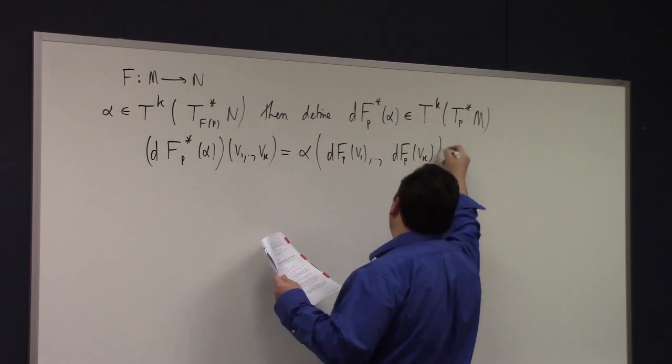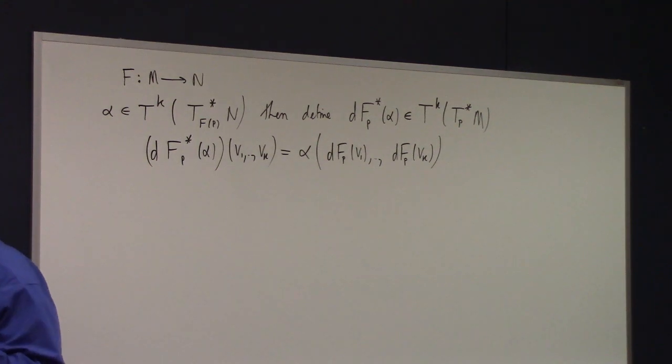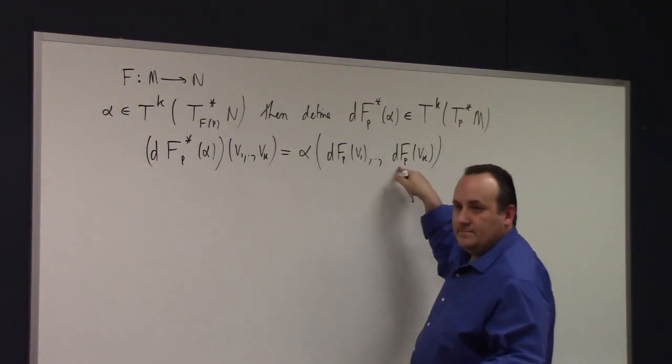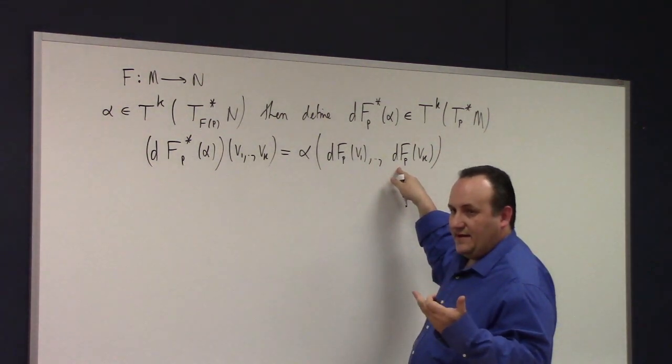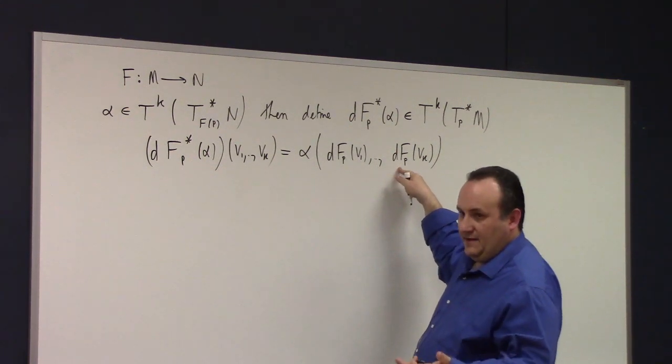So basically, to put this into words, the pointwise pullback of a k-covariant tensor at F of p is simply defined by taking that k-tensor and evaluating it at the push forward of the arguments. This is the push forward of F at p. So it's the same thing we did in chapter 11 with the pullback of a covector. It's just now instead of having one entry, we have k.